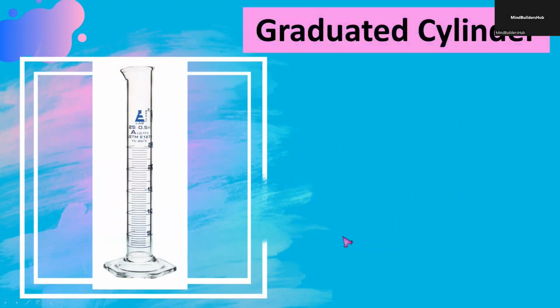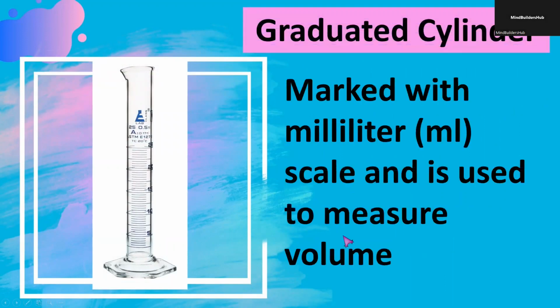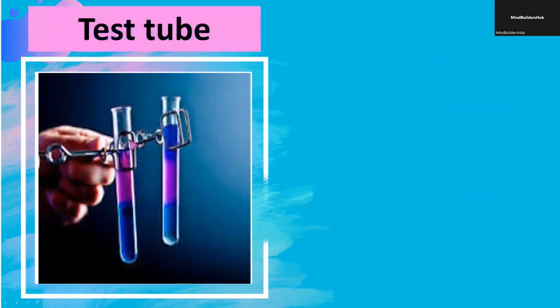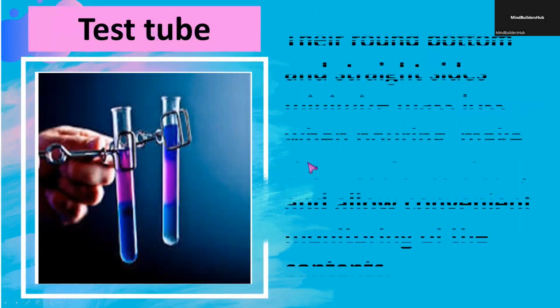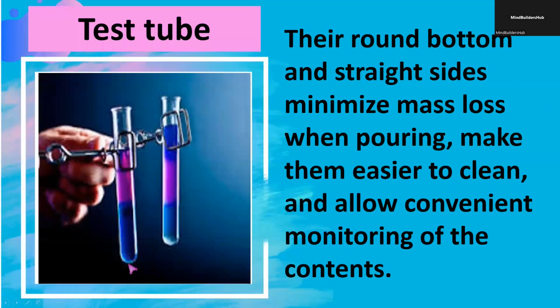Another container is a graduated cylinder. It is marked with a milliliter scale and is used to measure the volume of a substance. We also have the test tube. The round bottom and straight sides minimize mass loss when pouring, make them easier to clean and allow convenient monitoring of the content.